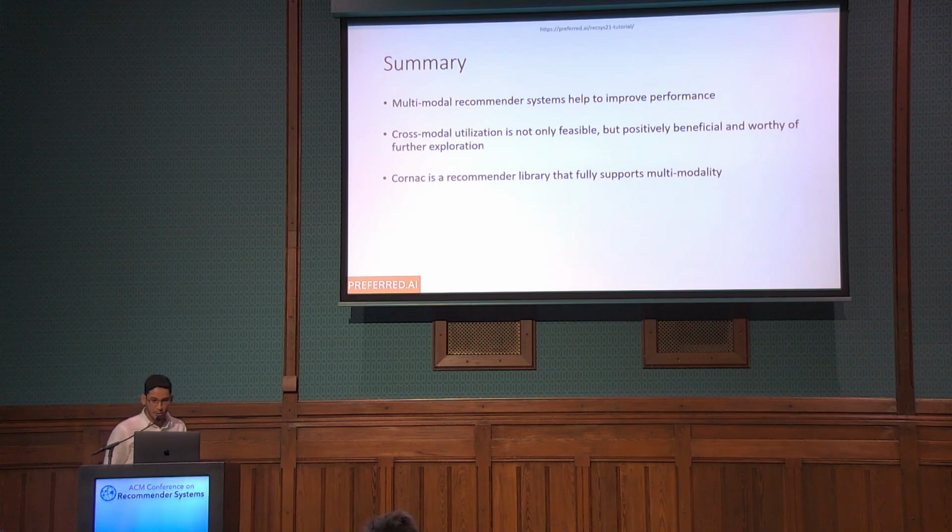We just discussed this cross-modality utilization, and there are many reasons that you may consider using it, one being obvious from the experiment, that the graph seems to be a better modality, at least in the cases that we considered. So it's important to consider this direction. And also, we talked a lot about Cornac, which aims to make these explorations around multimodality convenient.